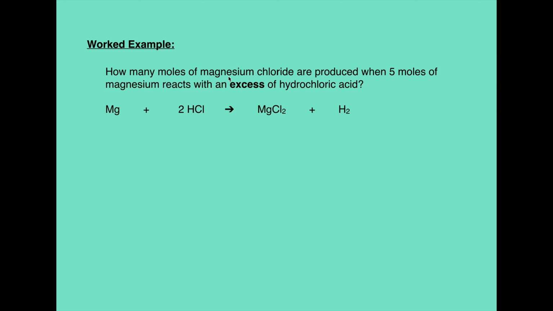So how many moles of magnesium chloride are produced when 5 moles of magnesium react with excess hydrochloric acid? We'll talk about that in a second. So 5 moles of magnesium would produce 5 moles of magnesium chloride because it's the ratio we're interested in.